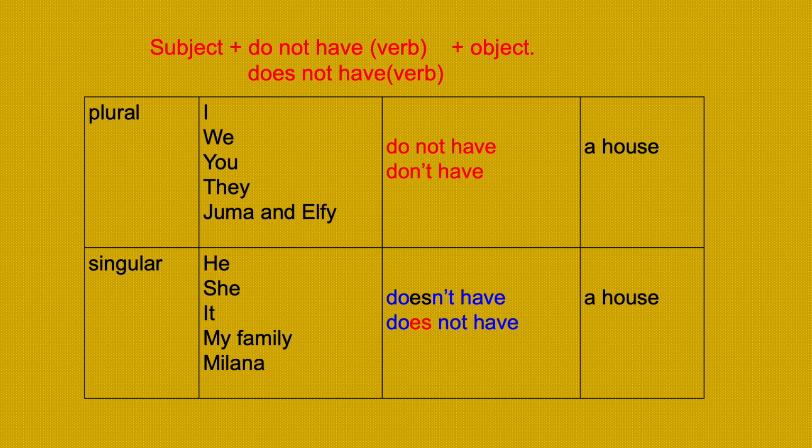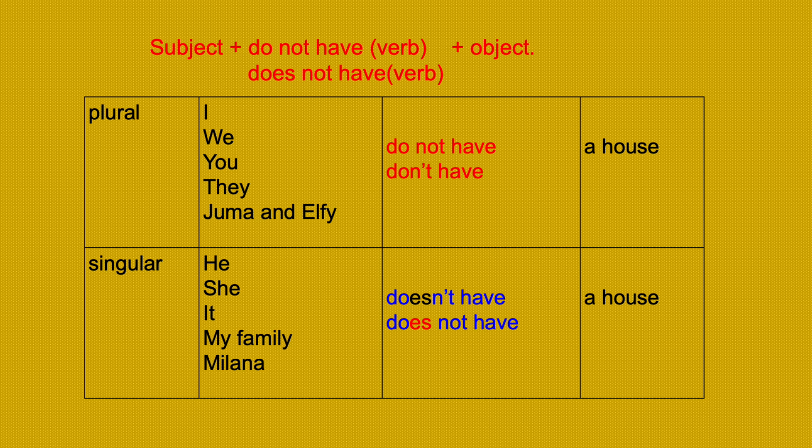Then it's easy. He doesn't have a house. She does not have a house. It doesn't have a house.